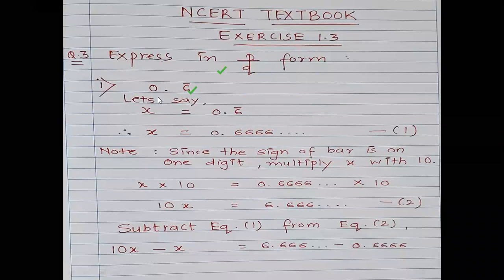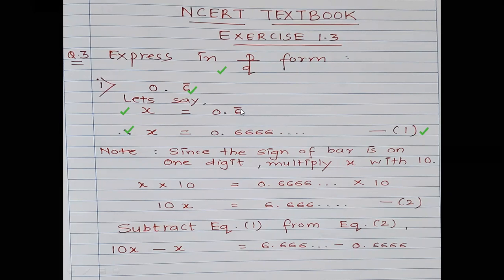Now, to get to the solution of this, let's say x is 0.6 bar, the given number. That means x is equal to 0.66666. Let's consider that as our equation 1. Now, to get to the solution to such questions, we have to observe the number of digits that contains the bar.